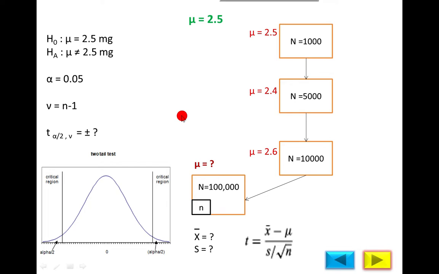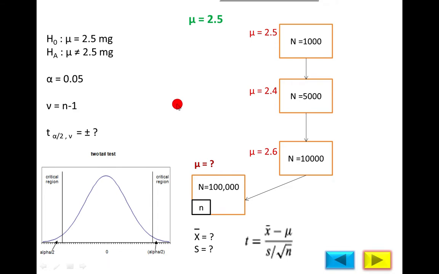The concept is the same for testing of hypothesis for mean, standard deviation, variance, proportion, etc. The objective, purpose, procedure and method are the same. But when do we use testing of hypothesis? This is the most important thing.